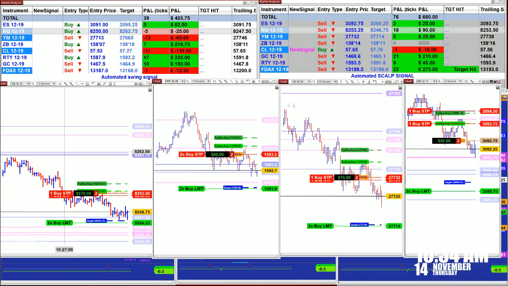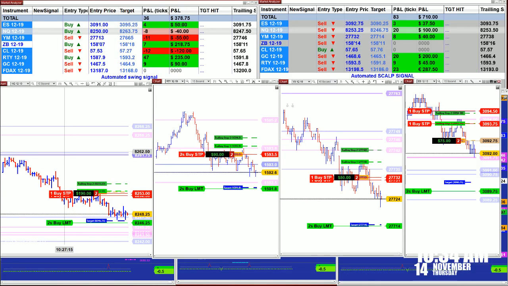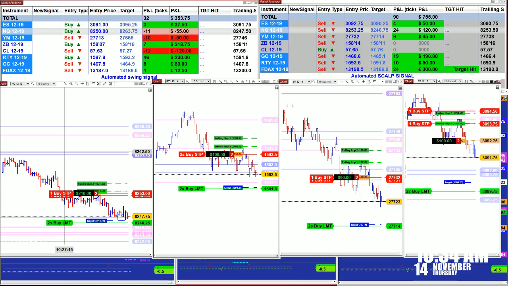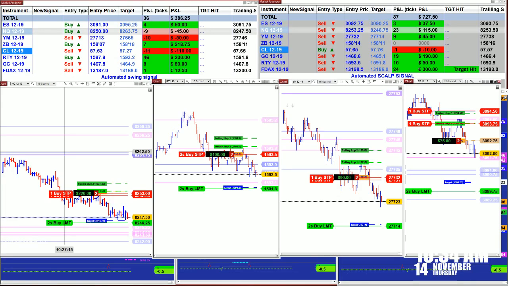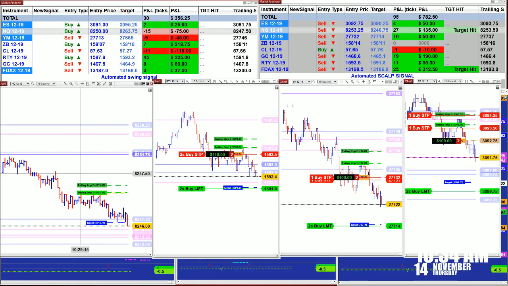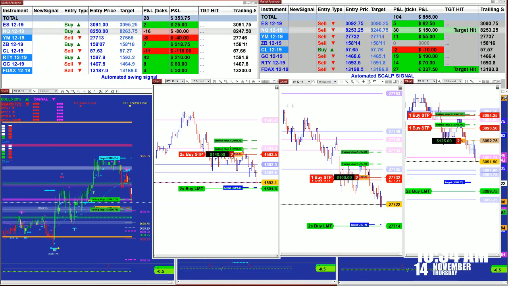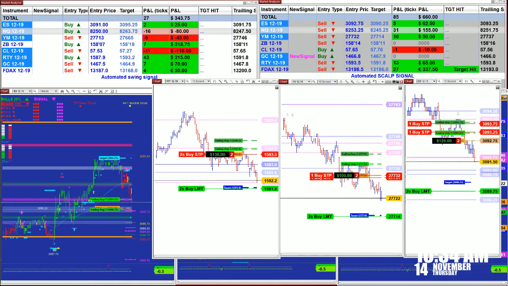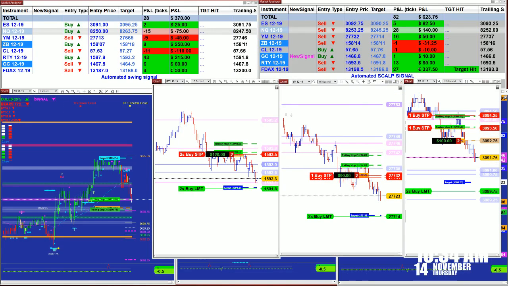So 170, $80, $80, another 200, and then you're done. One little spike in the market with the scalper, and you are done, finished for today. And you walk. There we go, closed. And this is $200 closed.